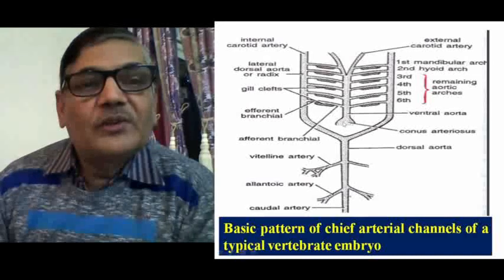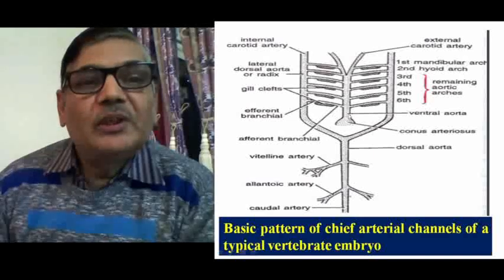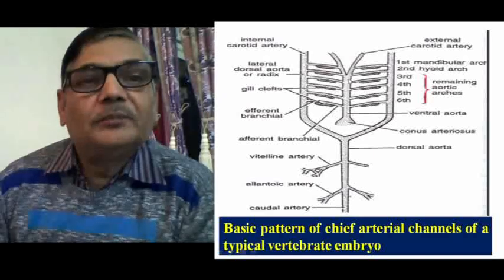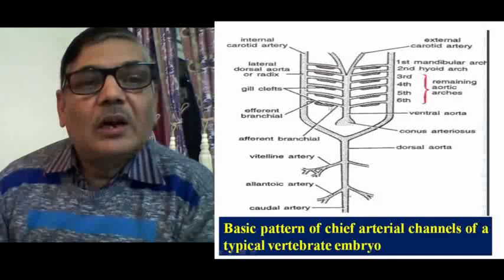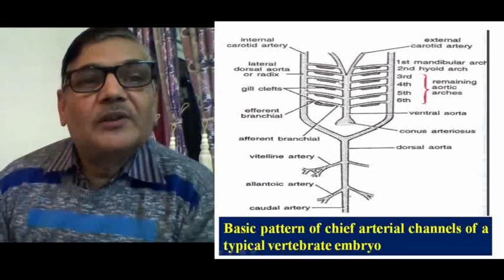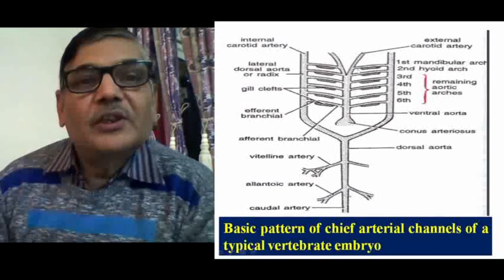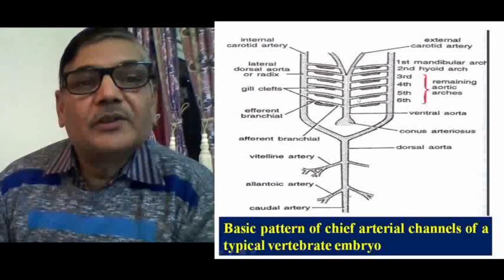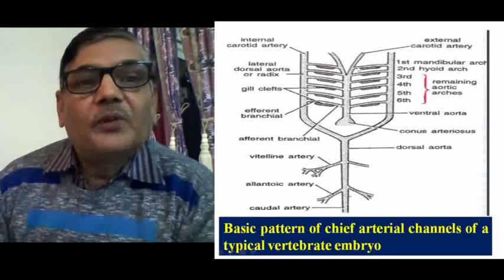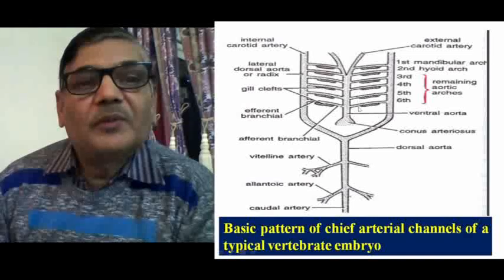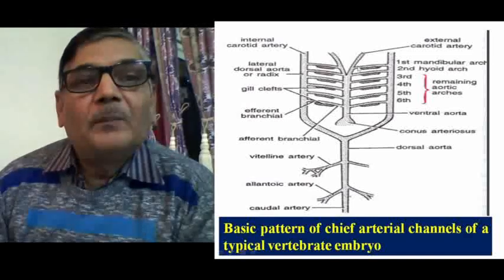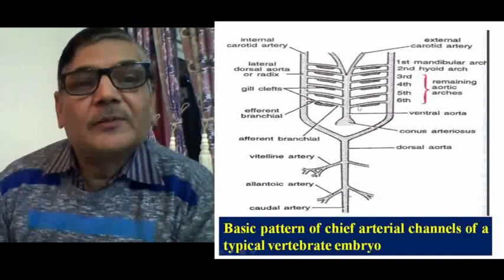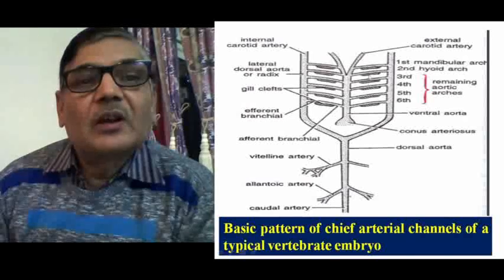Now this conus arteriosus continues in the form of the ventral aorta, and the ventral aorta on either side gives branches. So there are 6 major branches. These are the first, second, third, fourth, fifth and sixth afferent branchial vessels, or you can say afferent branchial arteries, which actually supply their blood to the gills or pharyngeal perforations.